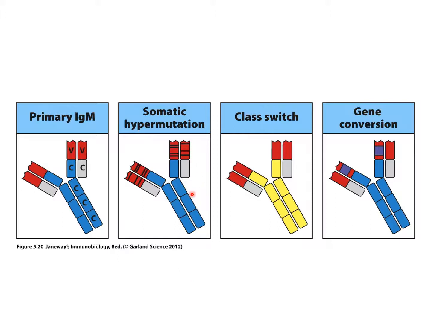Class switching is going to allow for M to G, M to A, M to E. And then the gene conversion, as we see here. We're going to take V and swap it around for one of our V pseudogenes, or recombine V1 segment with part of V14. See if this makes it just a little bit better.